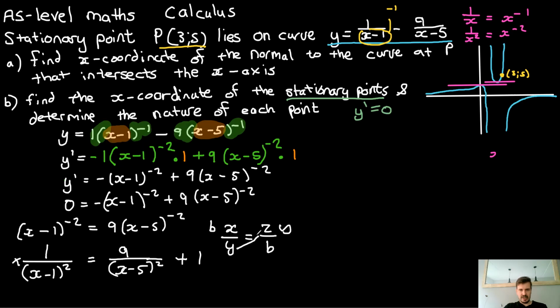So when it goes to the other side, it just goes to the top. When the b goes to the other side, it goes to the top. And I would end up with just bx equals zy. So I'm going to do that here. Okay, so I'm going to show you what I'm doing in, let's use a color.